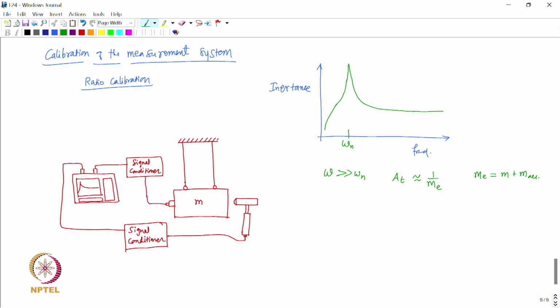So, the absolute value of this quantity, this is AT, is approximately equal to 1 upon m.